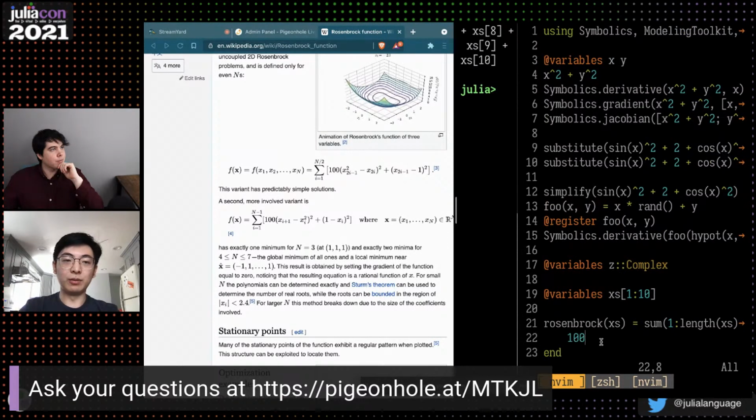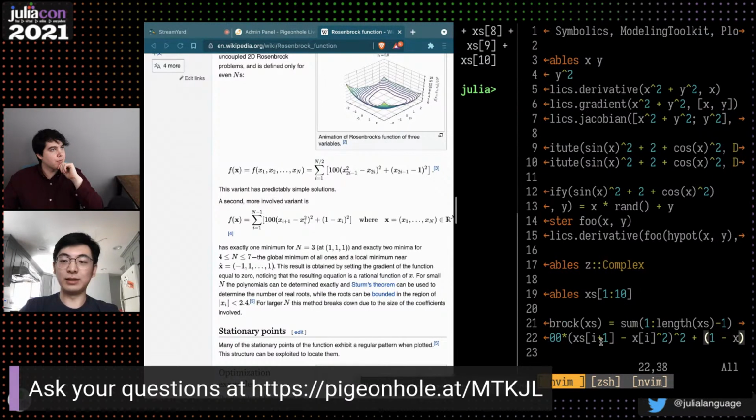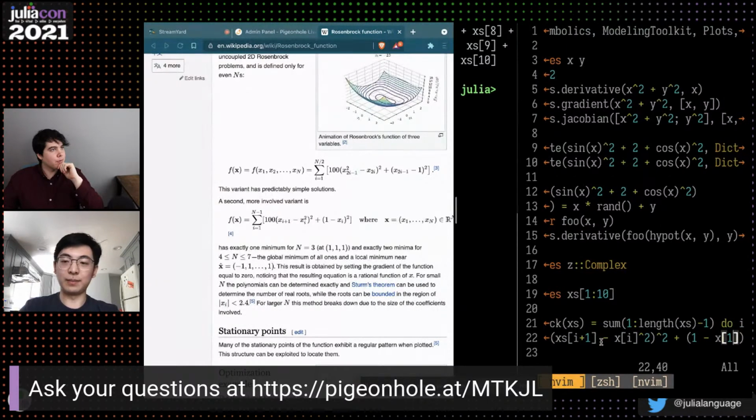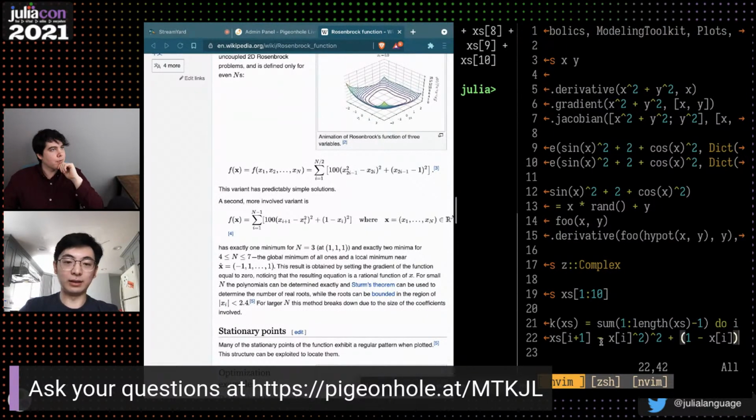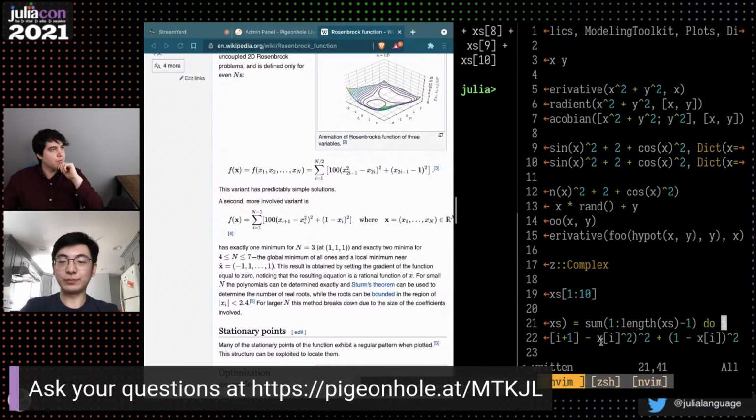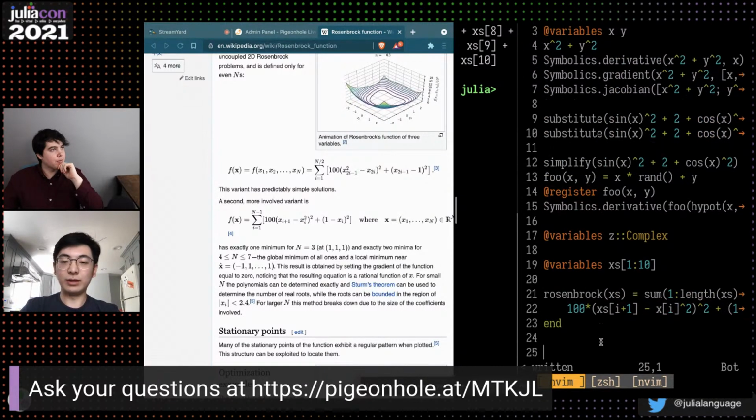And then we do 100 times xs at index i plus 1 minus x at index i squared, and then the whole thing squared, plus 1 minus x at i, and then this whole thing squared. Now let's define n is 100.